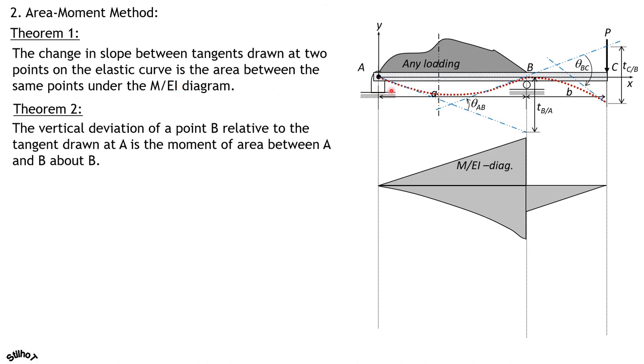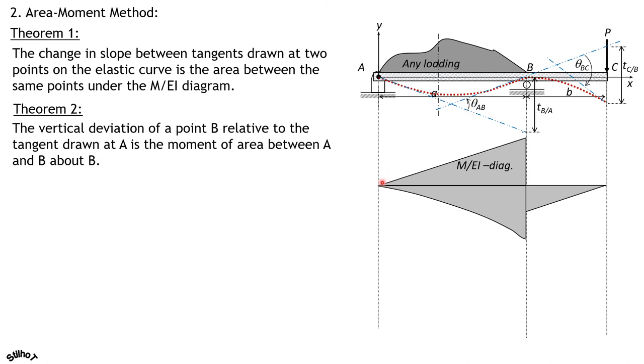By the way, theta AB is positive because from the tangent at the left, which is point A, to the tangent at the right, which is point B, the rotation is counterclockwise. This is positive, and theta BC is negative, of course. Theta BC is the area between B and C, and this is obviously negative.